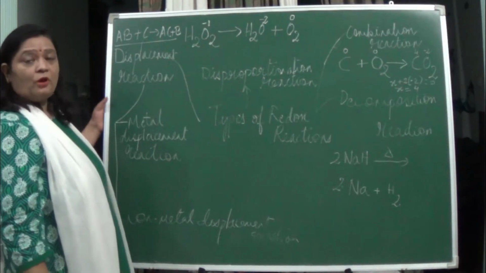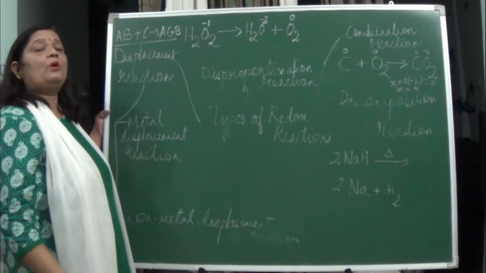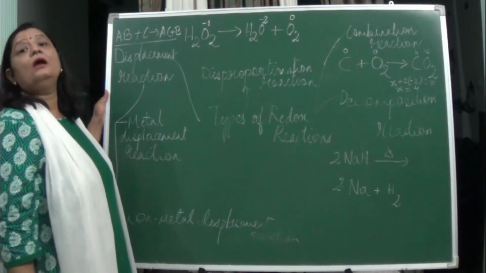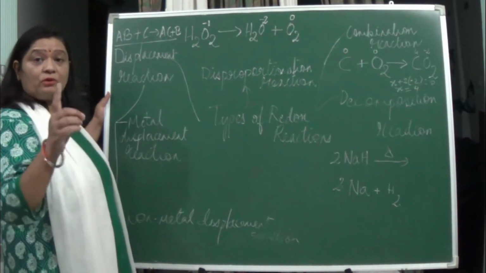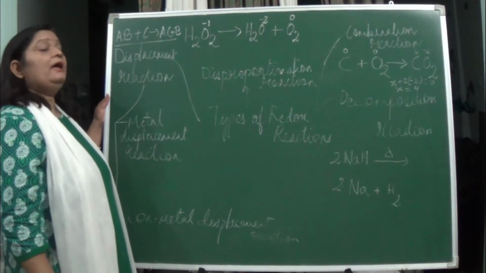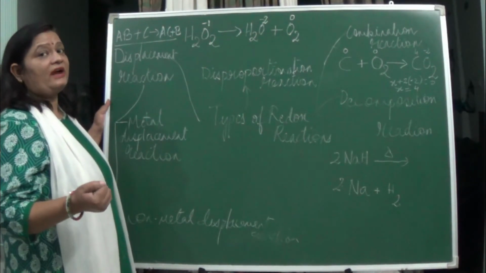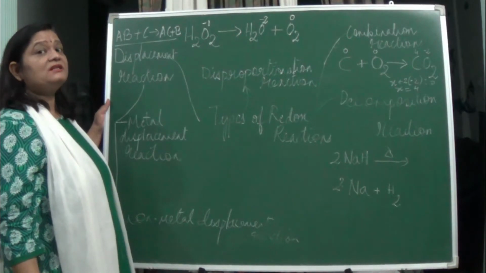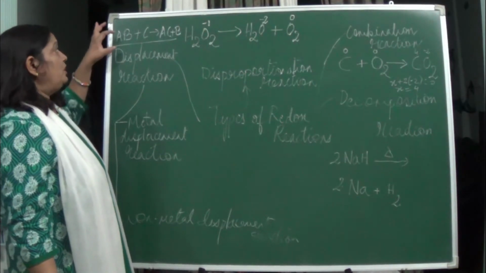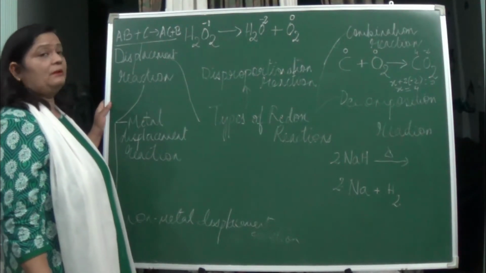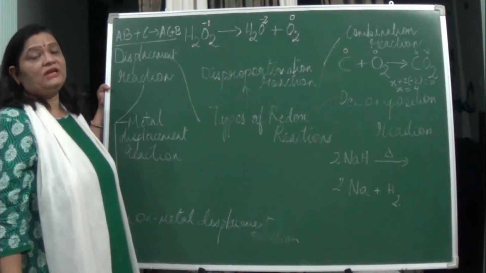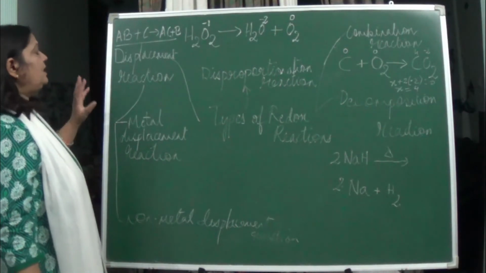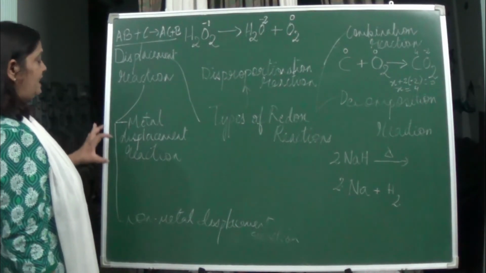Even in the case of non-metals, it depends on electronegativity value, which means the power of attracting electrons towards itself. When we talk about metals, it depends upon the reactivity series.